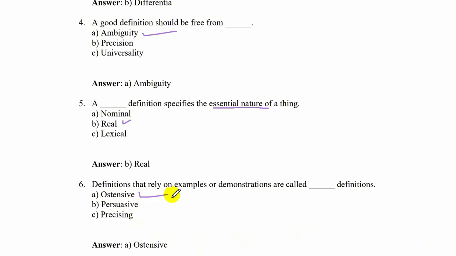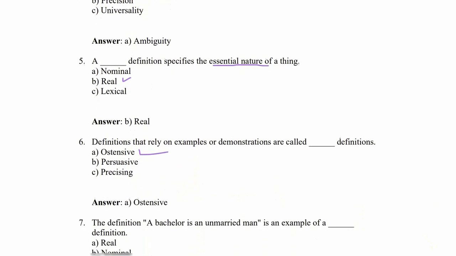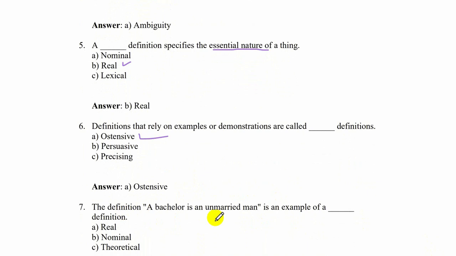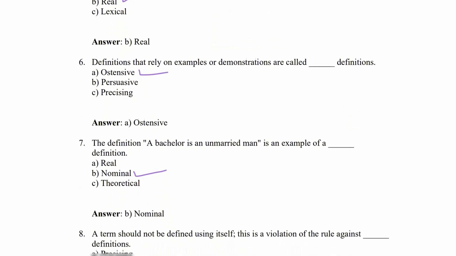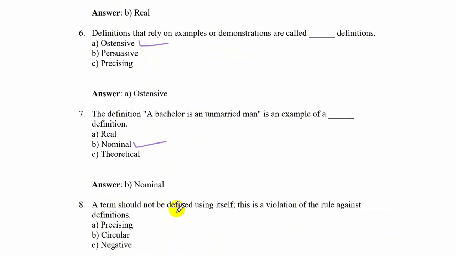Ostensive definitions rely on examples or demonstrations. The definition, a bachelor is an unmarried man, is an example of a nominal definition. The term should not be defined using itself. This is a violation of the rule against circular definition.